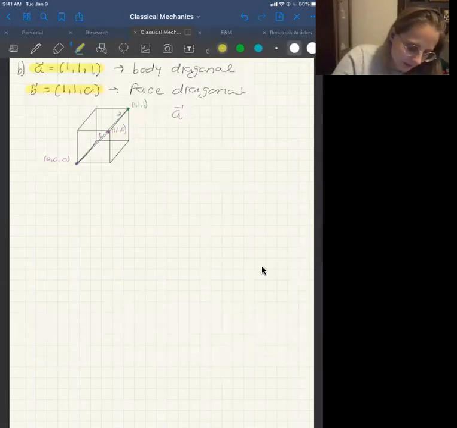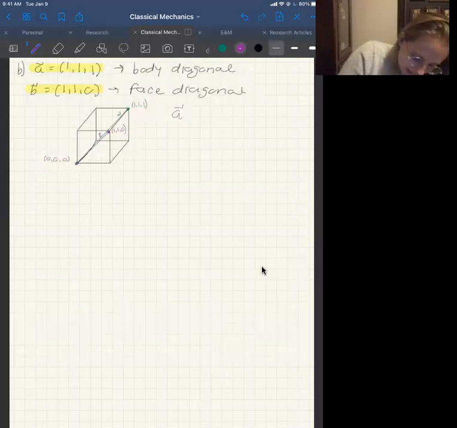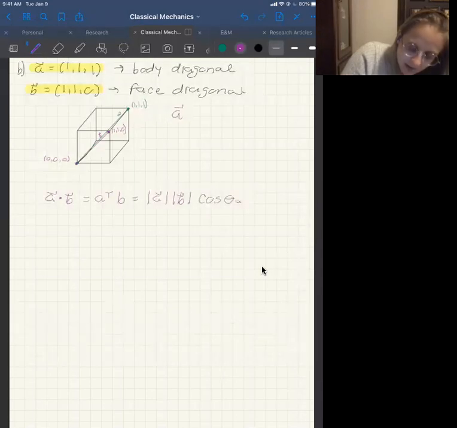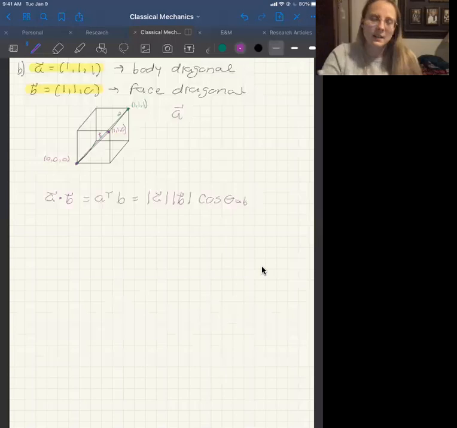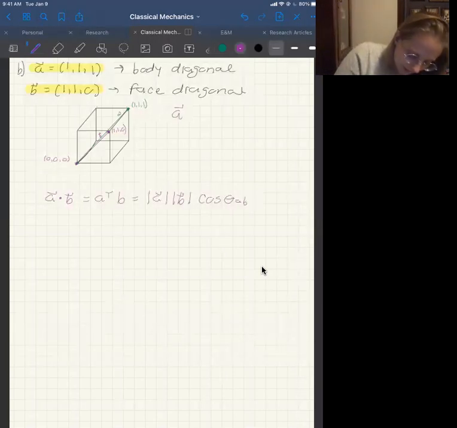So I can write this as follows, using the same formula as last time. I can say that A dotted with B, or you may see this as A transpose B, is equal to the magnitude of A, magnitude of B, cosine theta AB. All right, and now the same process as last time. A dotted with B is 1, 1, 1, dotted with 1, 1, 0.